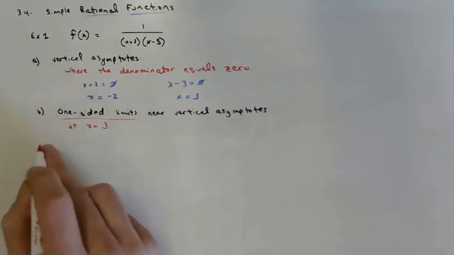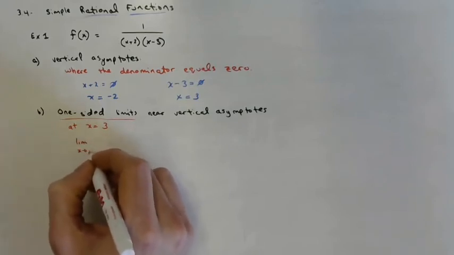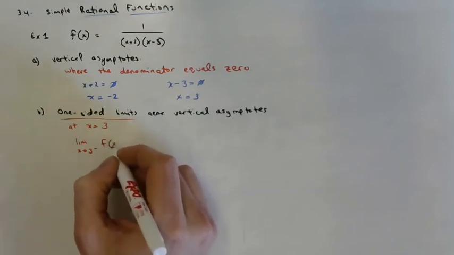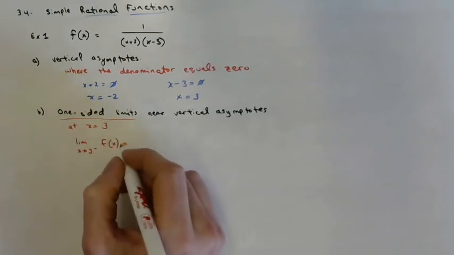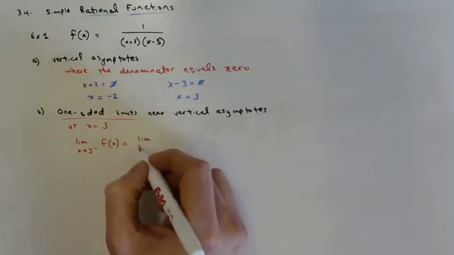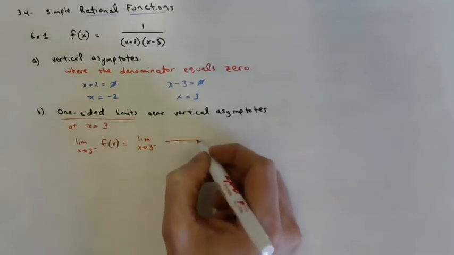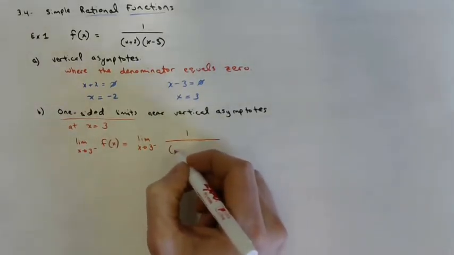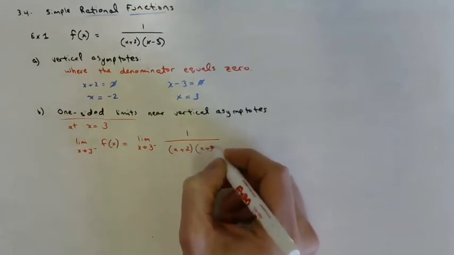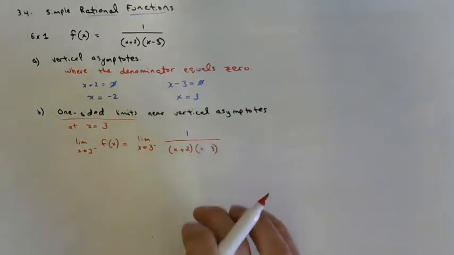We're going to talk about the limit as x approaches 3 from the left of f of x. And this would then be the limit as x approaches 3 from the left of our rational equation, 1 over (x plus 2)(x minus 3).